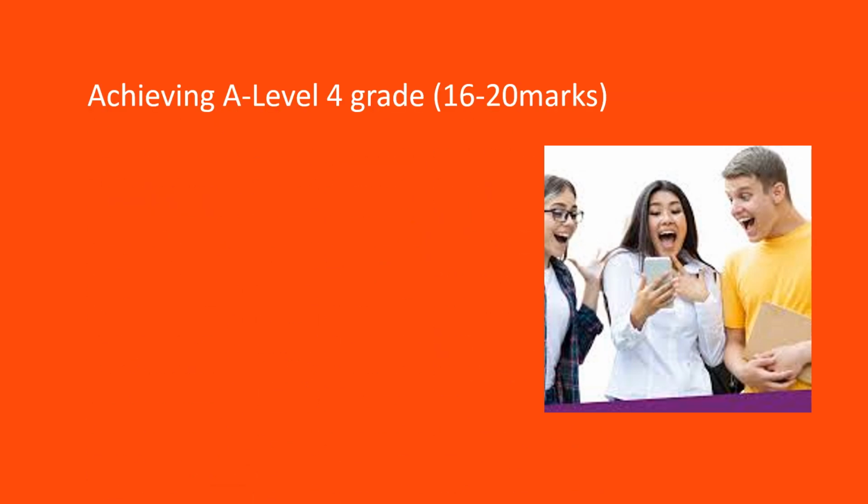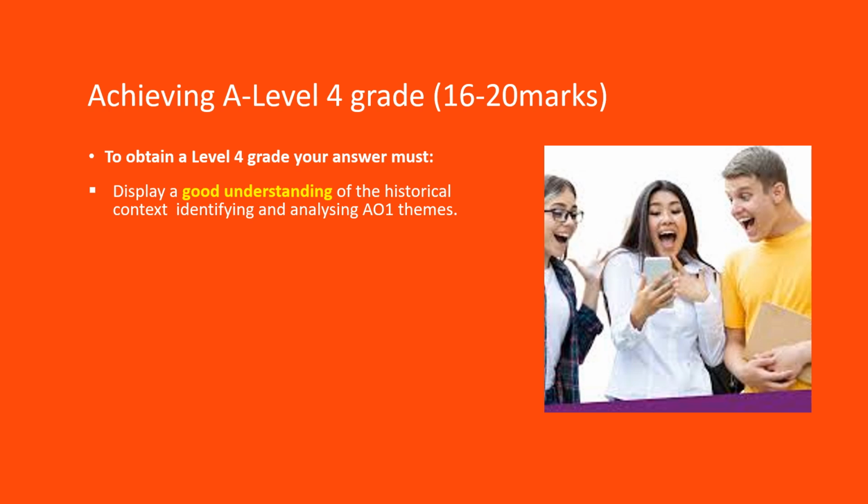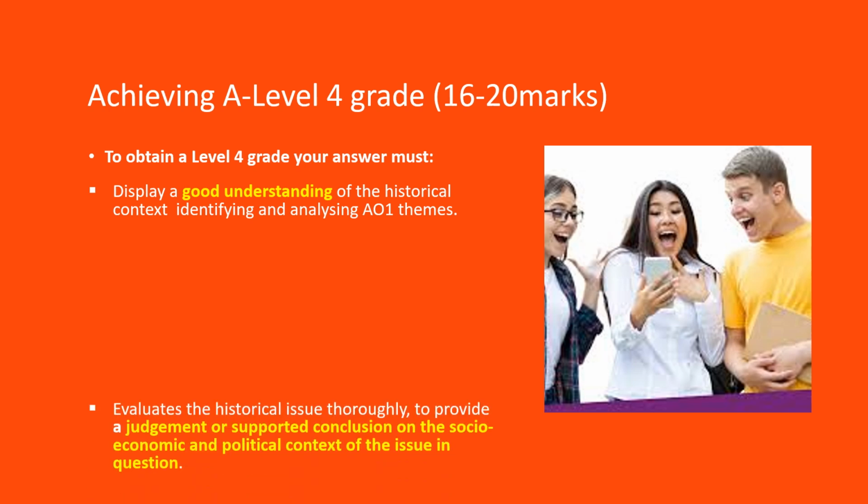To achieve the next best thing, a level 4 grade at A level, which is 16 to 20 marks, your answer must display a good understanding of the historical context, identifying and analysing critically assessment objective 1 themes.